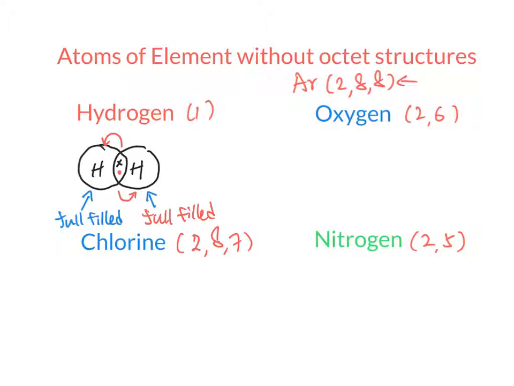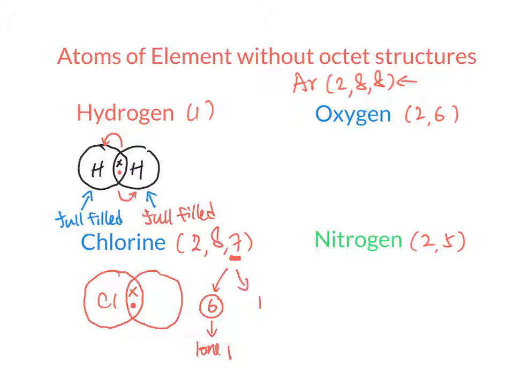The same thing happens to chlorine. Chlorine wants 1 extra electron, so it puts 1 electron in the middle, and the other chlorine also puts 1 there. After putting in 1 sharing electron, you still have 6, which are the lone pairs, and we put them outside.